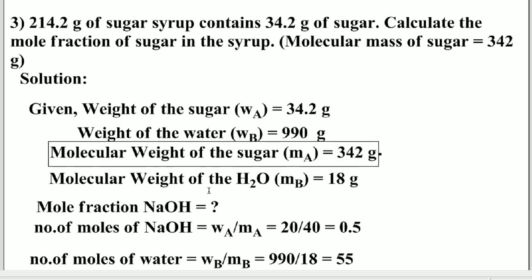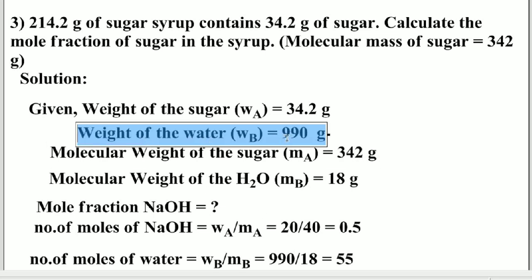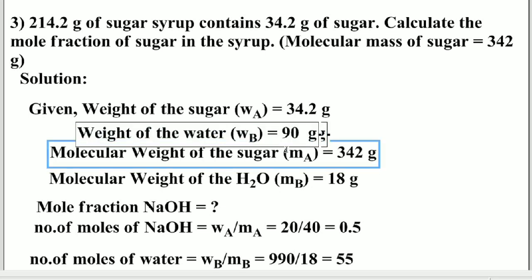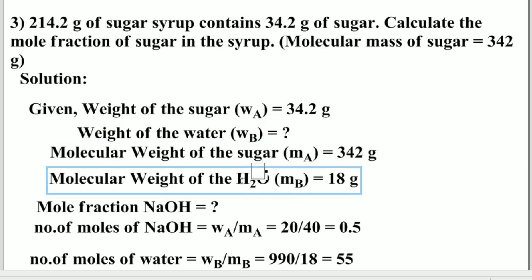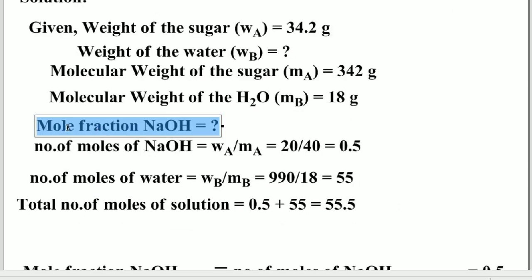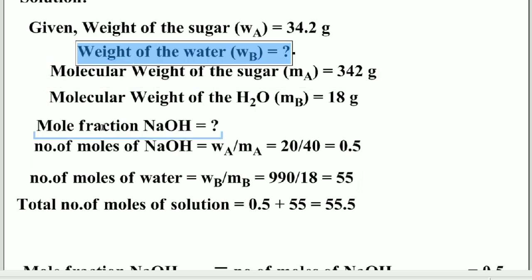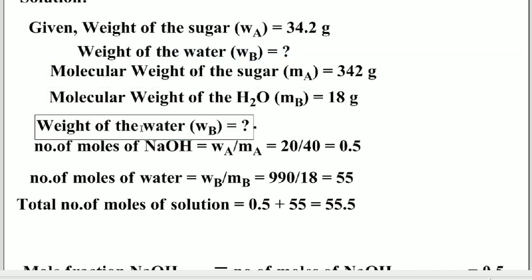Here the weight of the solvent, let it be water, should be found. So initially we should find the weight of the water, and the molecular weight of the water we know, students, is 18 grams. In addition to this, the weight of the solution is given in this problem.